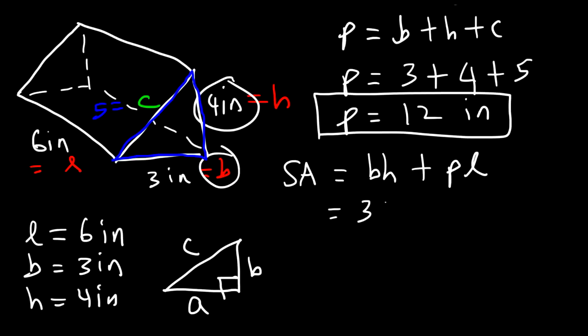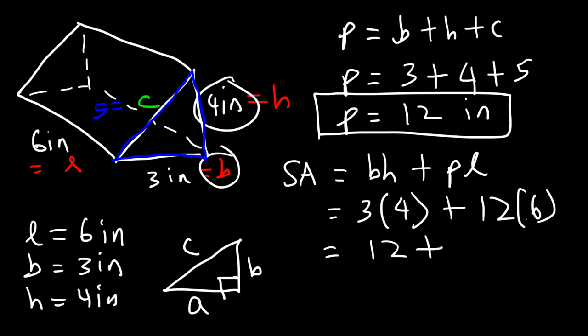So B is 3, the height is 4, and the perimeter, we said it's 12, and the length is 6. 3 times 4 is 12. 12 times 6 is 72. And 12 plus 72 is 84. So the surface area is going to be 84 square inches.